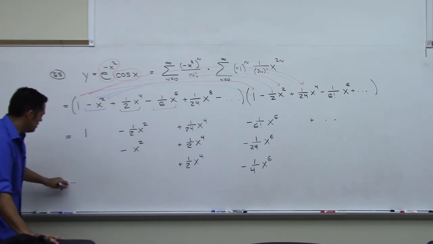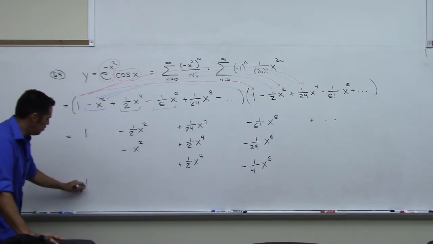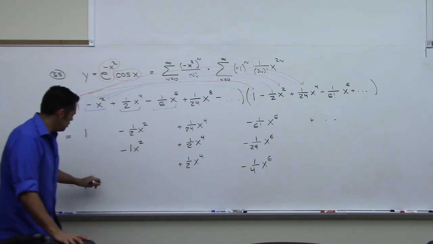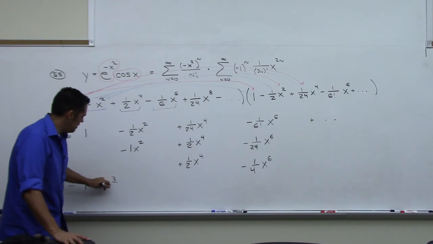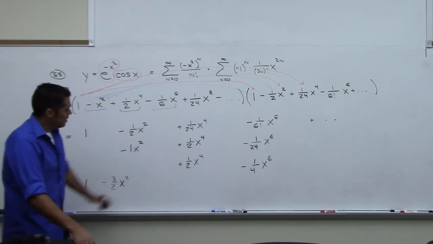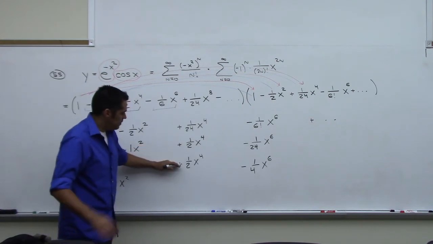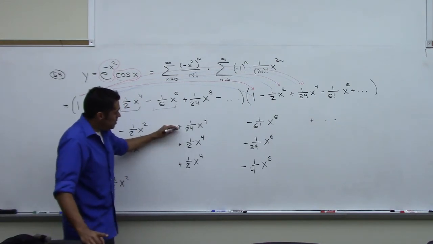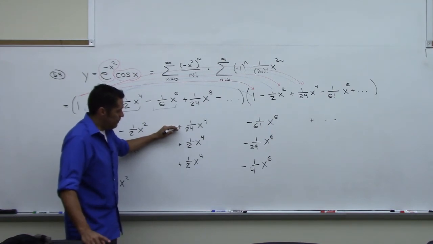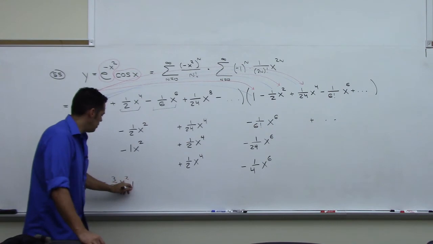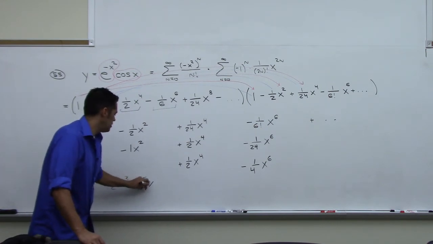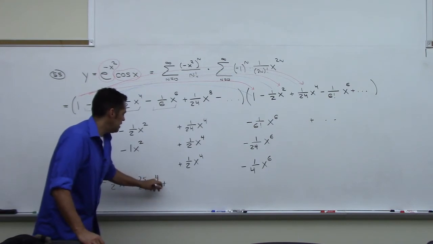So I can say that this is equal to, I'm just going to add down, this is 1. When I add this down, you have negative 1/2 minus 1, that should give us minus 3/2 x squared. And then we have a half plus a half, that's 1. 1 plus 1/24 is 25/24. So I should get plus 25/24 x to the 4th. And then plus, it's going to continue.